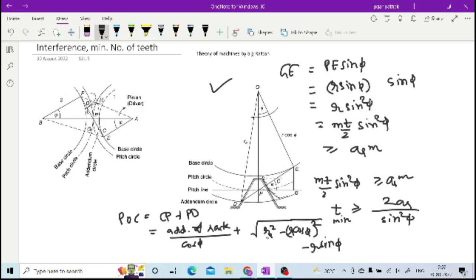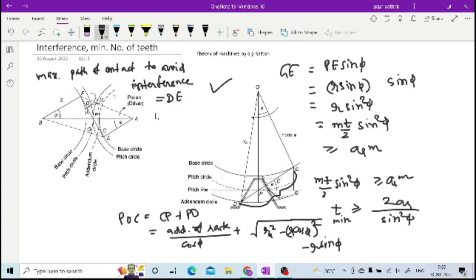And again, maximum path of contact to avoid interference is DE only, right, from here to here. If it will be more than that, then again interference will start. So if you see the maximum path of contact to avoid interference, then it will be DE, right?